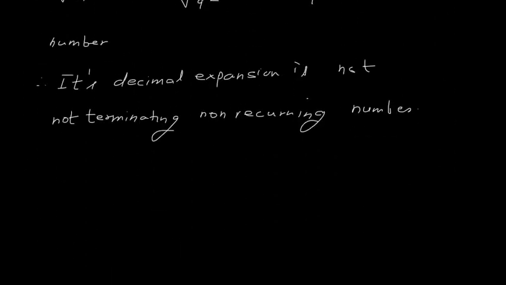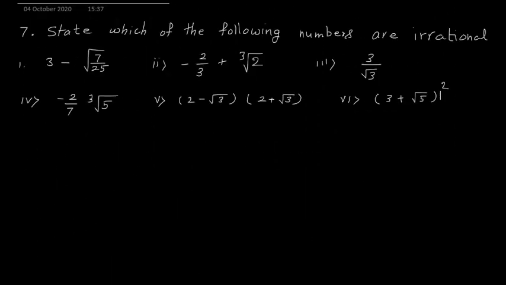Yes class. Now let us see the next question. State which of the following numbers are irrational. First number is 3 minus root 7 upon 25. Now this can be written as 3 minus root 7 upon 5.